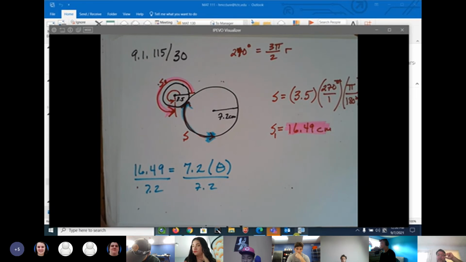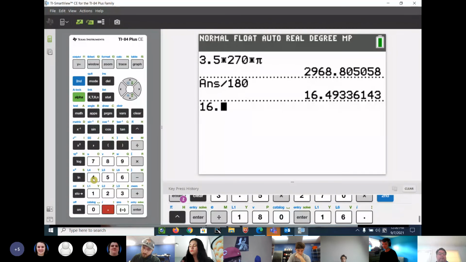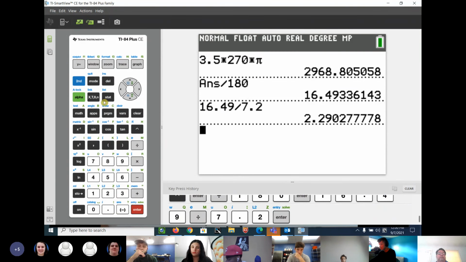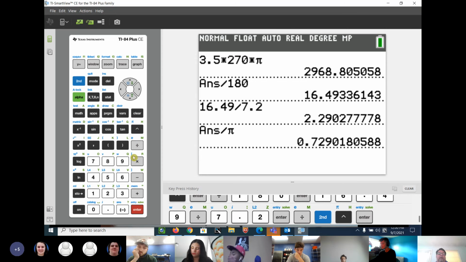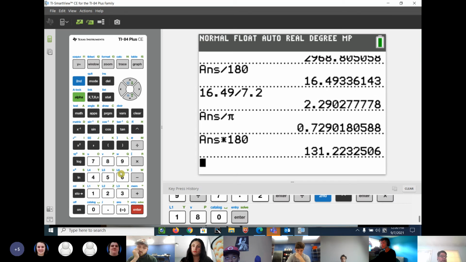So let's take our calculators. 16.49 divided by 7.2 divided by pi and multiplied by 180. 131 degrees. 22.32506 equals theta.